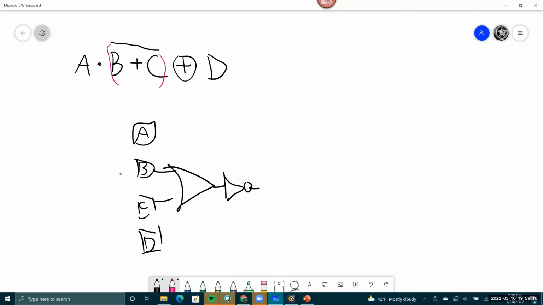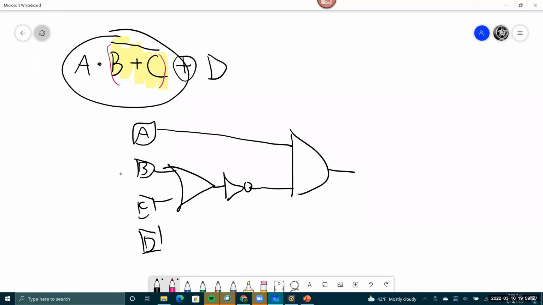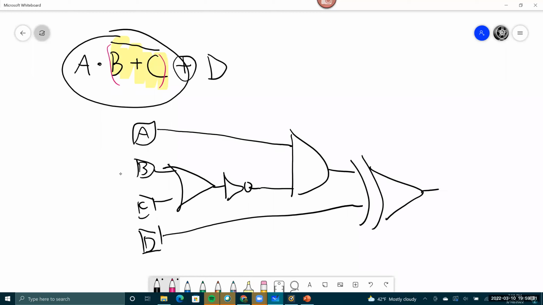All right, so now that this is done, now it's precedence order again, right? So and has to happen next. So we do this, and once this is done, then it's exclusive or with a D. That's it. Okay. Any questions?